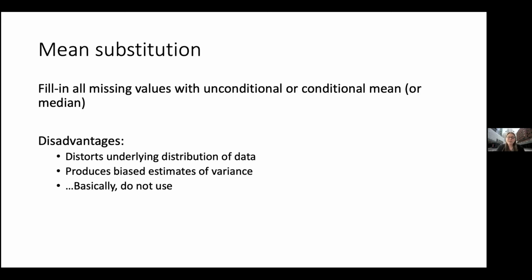There's no advantages to this method. Basically, this is not a great approach to use. You distort the underlying distribution of your data, and I'm going to show that on the next slide, very drastically. You produce very deflated estimates of your variance, and we just shouldn't really use this method.